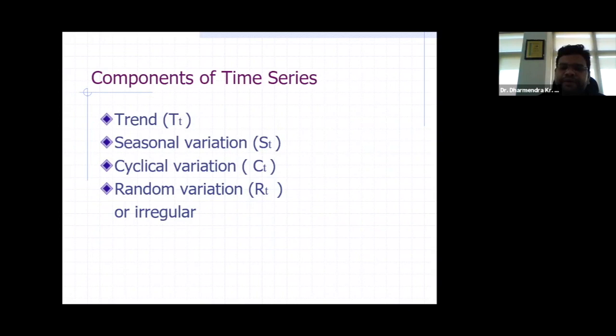Trend is capital T with suffix t, where small t is a particular time point. Similarly, seasonal variation is denoted by S_t, cyclic variation by C_t, and random or irregular variations are denoted by R_t or I_t. I_t means irregular. So these are the mathematical notations of the components of time series.